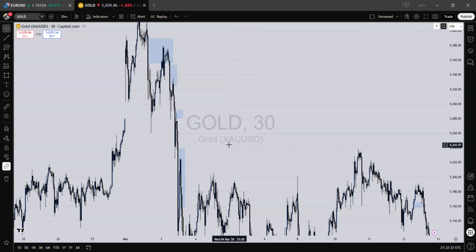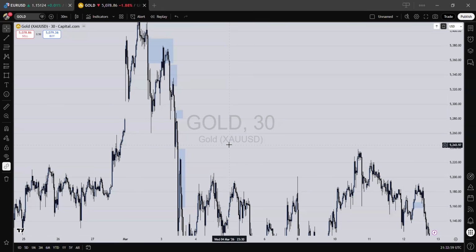Gold can do anything at any time, whether it's New York or 4 p.m. or 3 a.m. or 6 a.m. Because gold is a commodity and it is influenced by the happenings around the world. So whenever that happens, wherever gold is on the chart, anything can happen there.